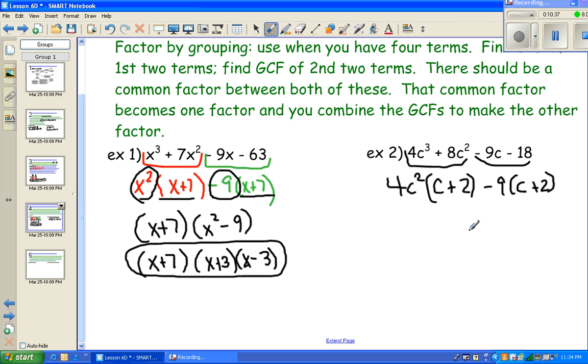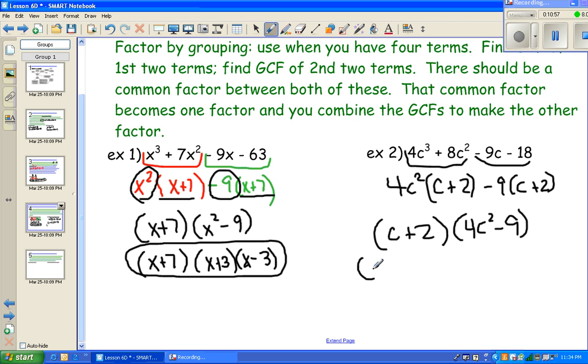And these parentheses have to match exactly. So they're both c plus 2. And the other guys are the GCFs, 4c squared minus 9.